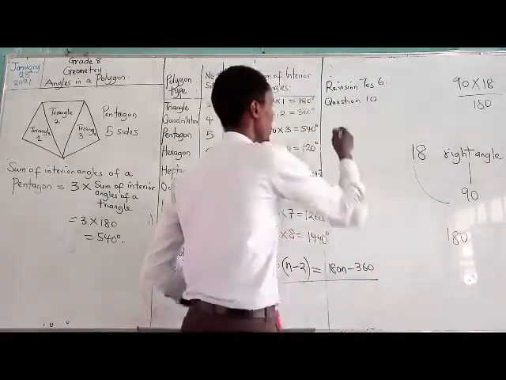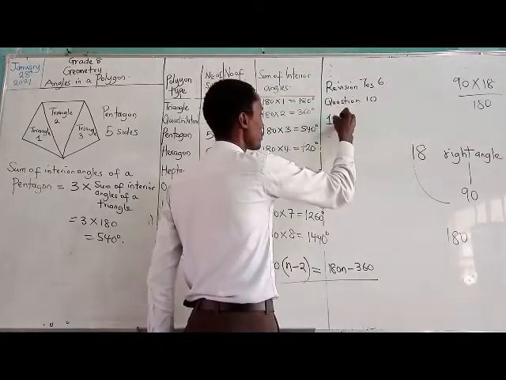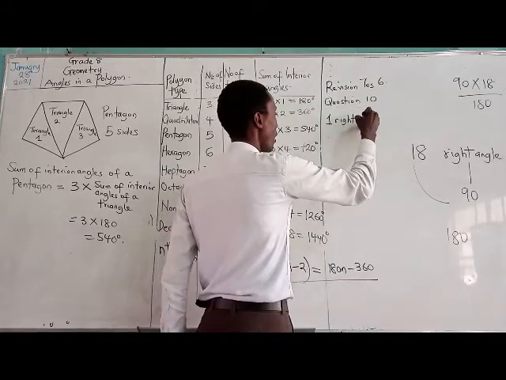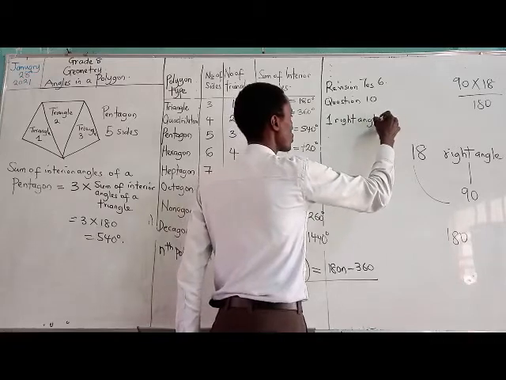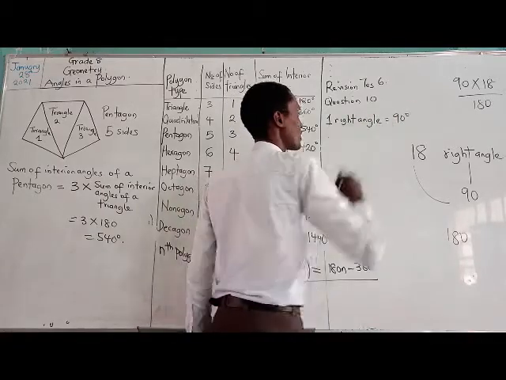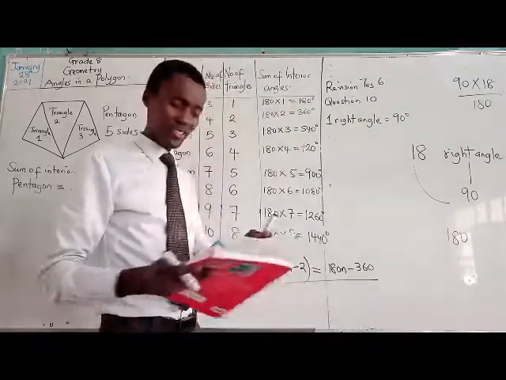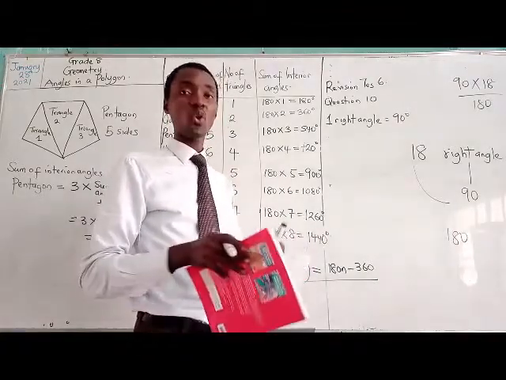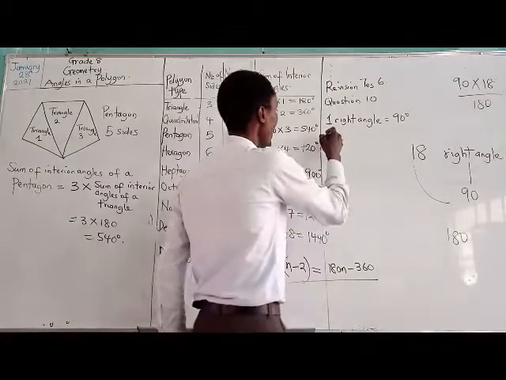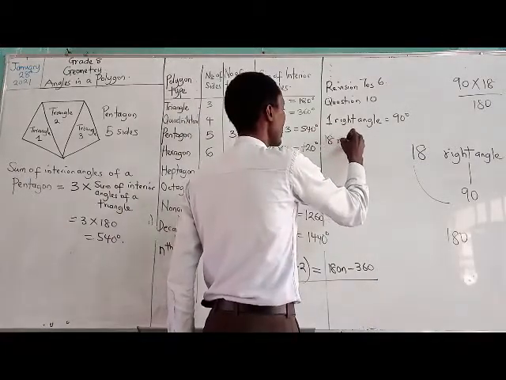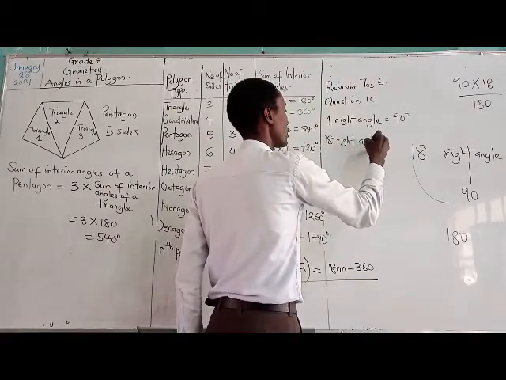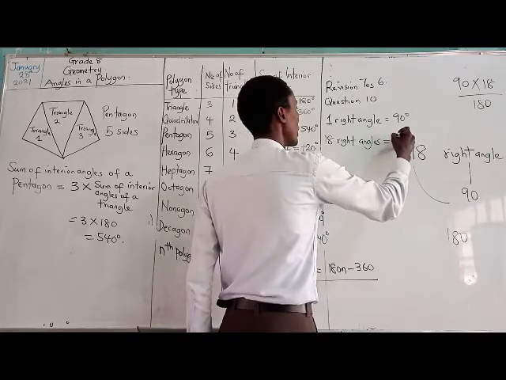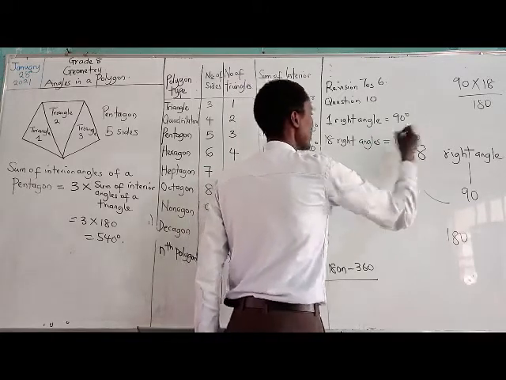The first thing you need to take care of is, one right angle is equal to what? 90 degrees. That's the first thing you need to take note of. The next thing you want to take note of is the sum of its angles, 18 right angles. So 18 right angles will be equal to 18 times 90.